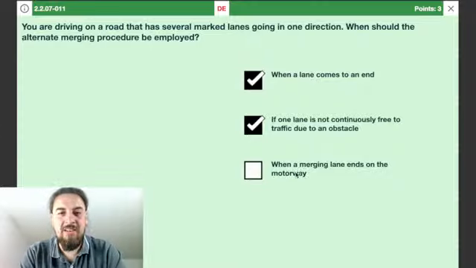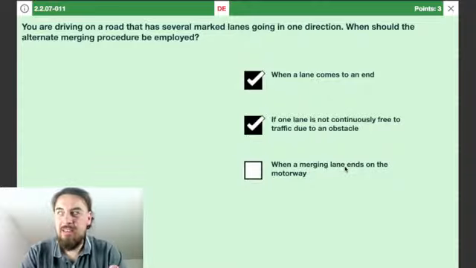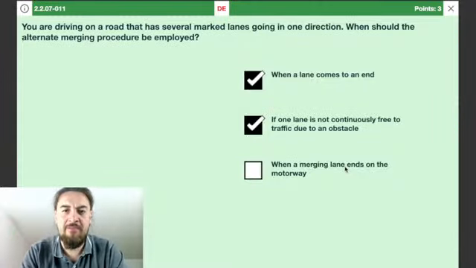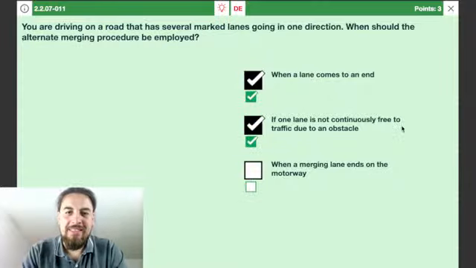And on motorways, no, because you're on a merging lane and all the cars on the motorway have already priority, and you have to check if you can drive faster or slower than them, but you don't have priority and there is not this zipper system regulating the traffic.